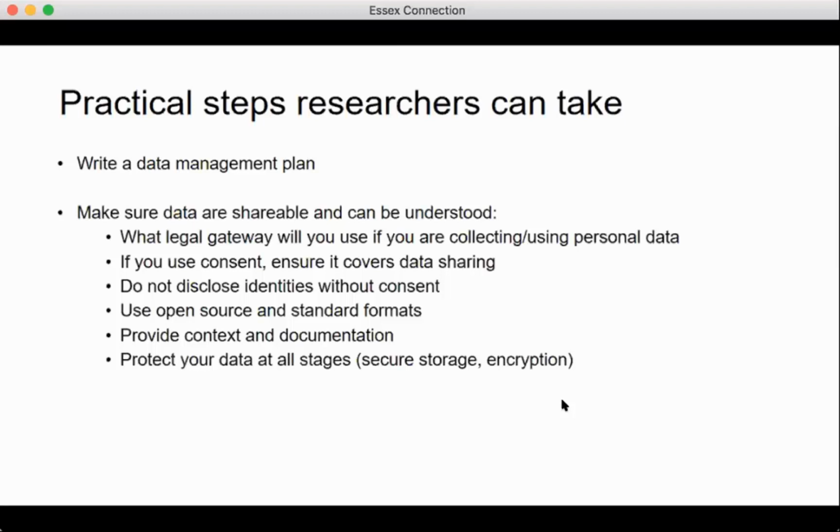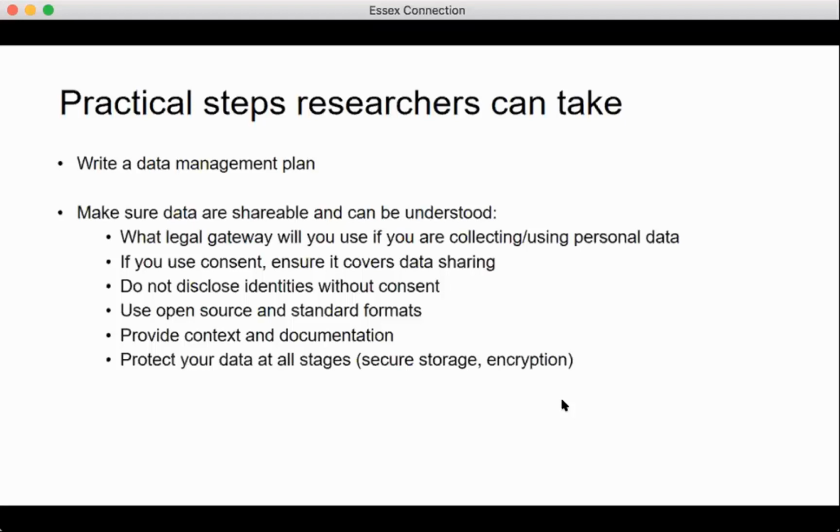Okay. Also very important is that the data can be shared with others and understood at the point of using the data. So it's therefore essential that consent for sharing is obtained from participants. Depending on what participants agree, we might not be allowed to disclose their identities, and here anonymization and access control are essential.